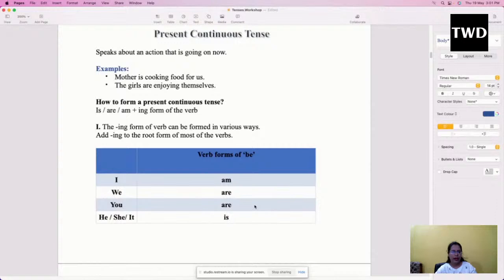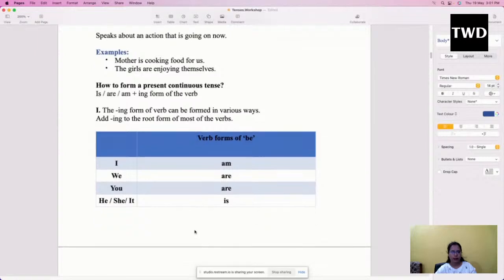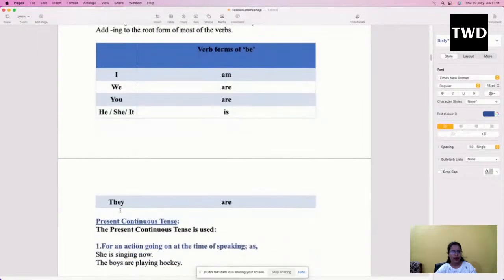Yes, so the main point for you to remember here is with you you'll be using are, whether you are talking to a single friend of yours or more than one person. So with you we always use are when framing sentences under present continuous tense. And with they also we use are.